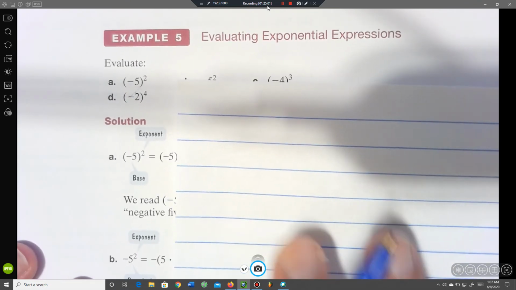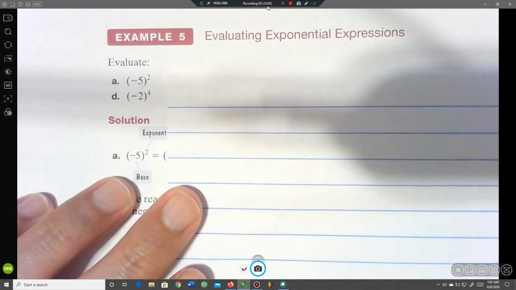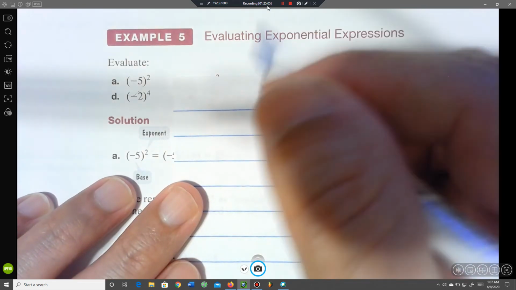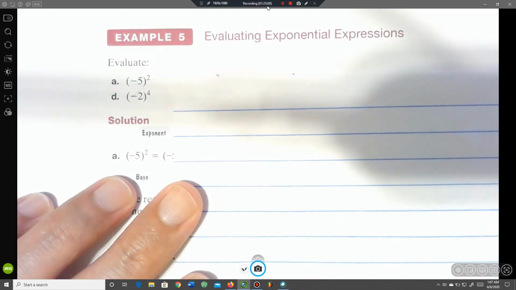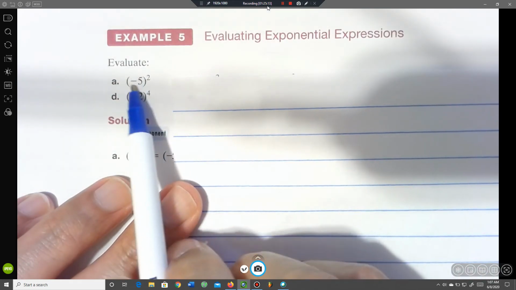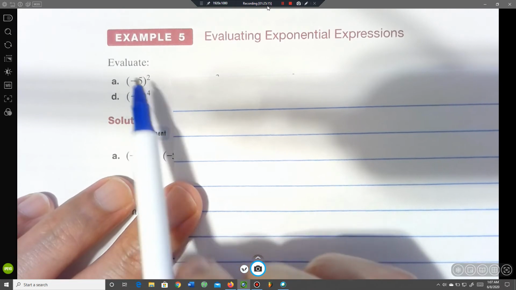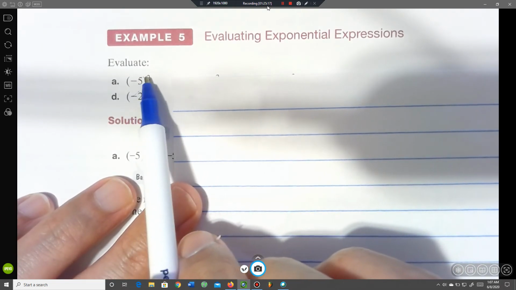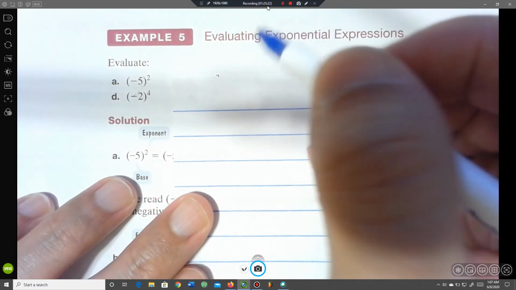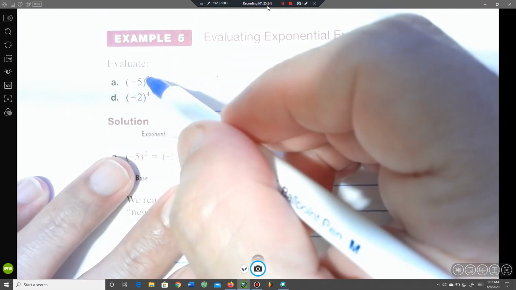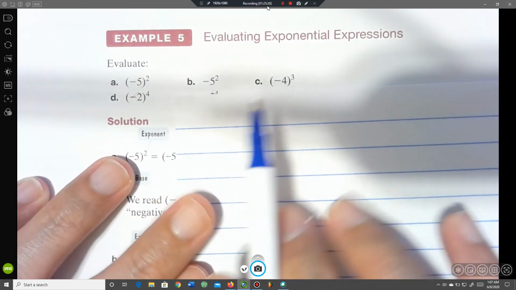Okay, so what do exponents do? If you don't already know, all exponents do is multiply the base. In this case, -5 is the base. The way I like to think about it is that the exponent tells you how many times you need to write down the base.